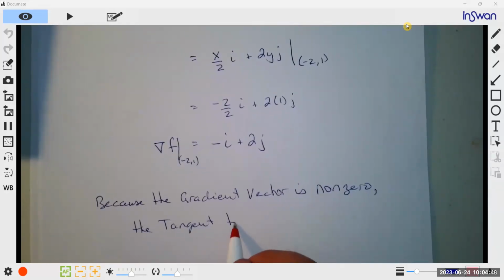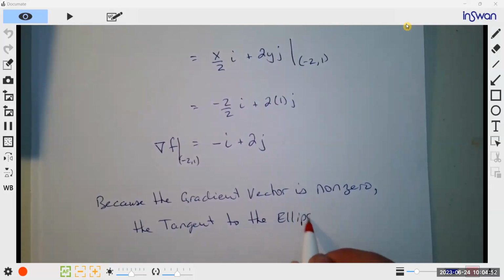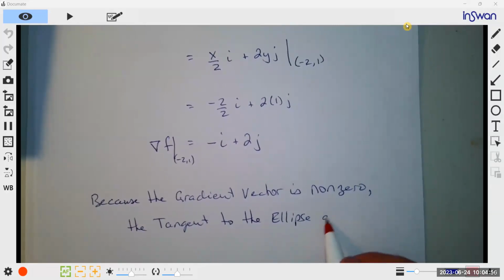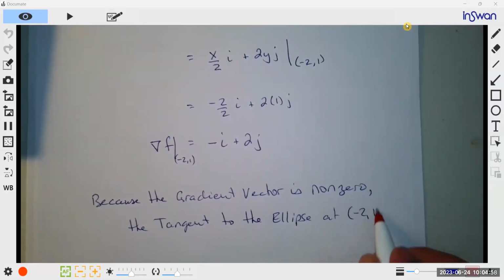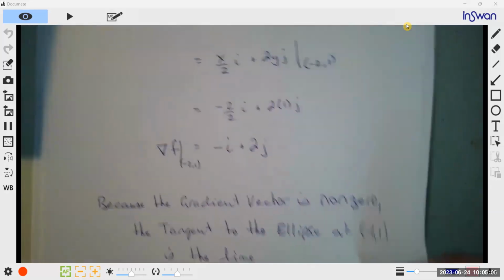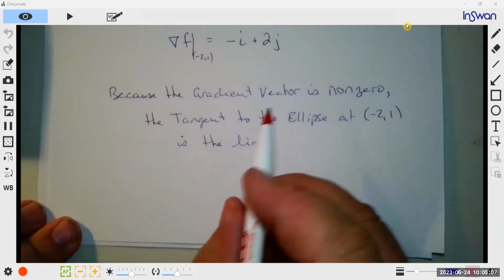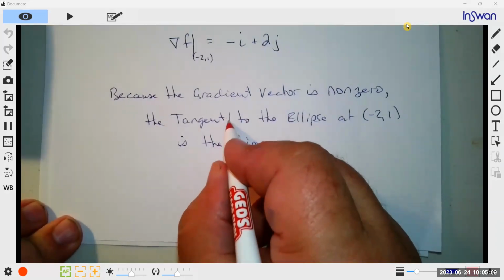The tangent line to the ellipse at -2, 1, I should say tangent line.